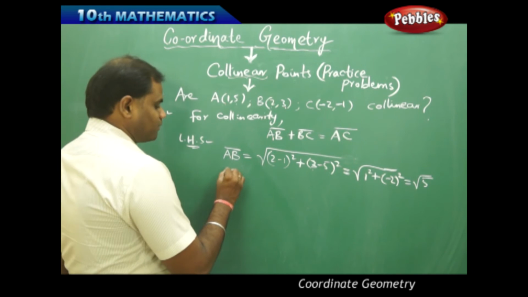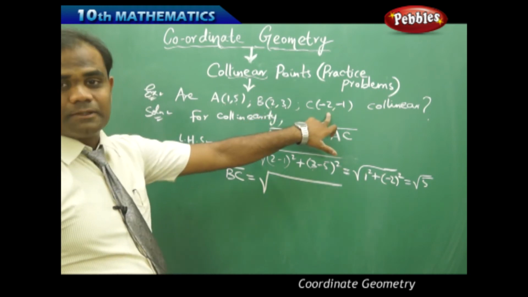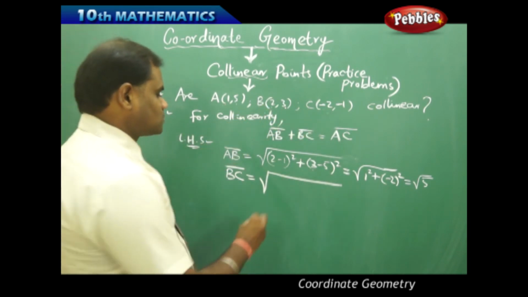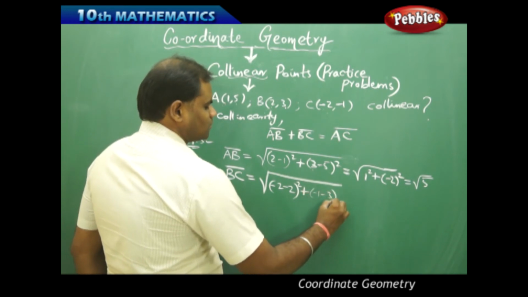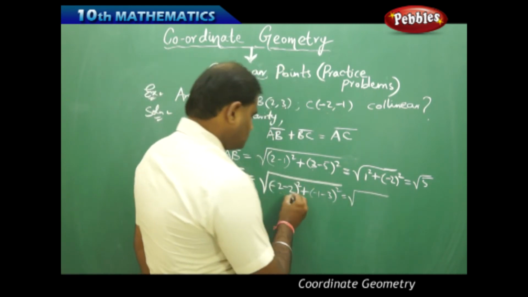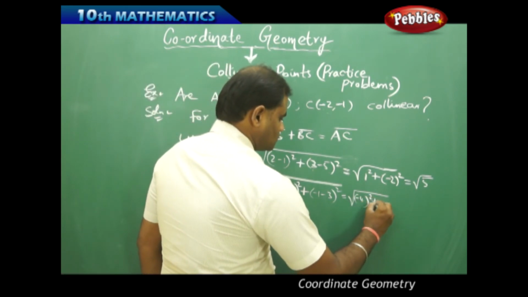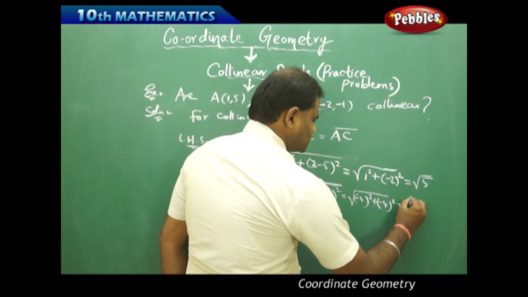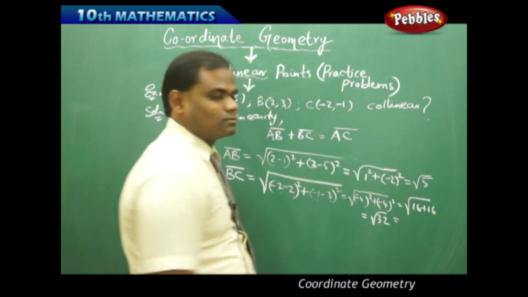Similarly, let me find BC, which is the distance between the points B and C, where this is x1, y1 and this is x2, y2. So root of (x2 minus x1) whole square plus (y2 minus y1) whole square, which on simplification gives me -2 minus 2, which is -4, whole square, plus -1 minus 3, which is also -4, whole square, which gives me 16 plus 16, which is root 32.